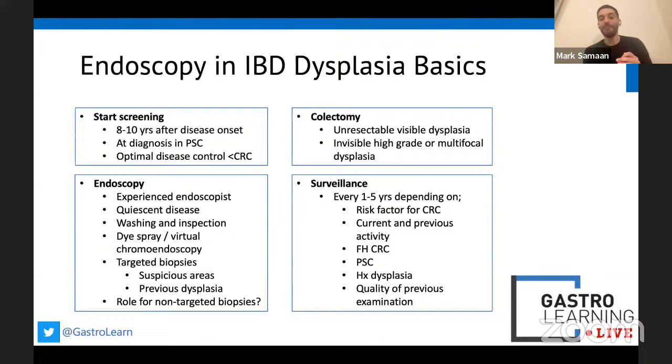And actually, I'm very happy with that. I think with dye spray you concentrated so much on the dye spray that sometimes you didn't spend enough time actually doing the looking. Now that we've got data supportive of narrowband imaging, I'm quite looking forward to doing away with the dye spraying. That's my personal feeling. But I still think you need time.